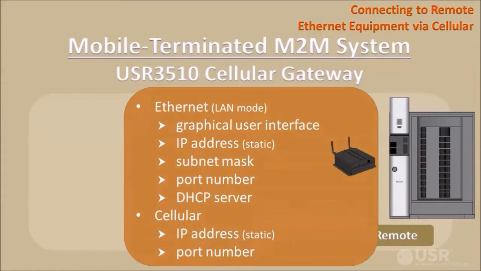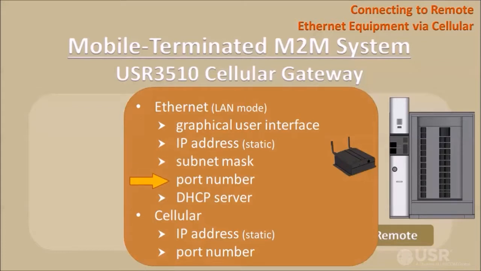The system will use a USR 3510 as a gateway between the target equipment and the cellular network. The gateway has an Ethernet port and is configured via a graphical user interface. The gateway's Ethernet interface has an IP address, which is static when the Ethernet port is in LAN mode, a subnet mask, and a port number.